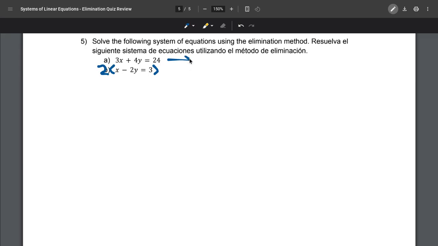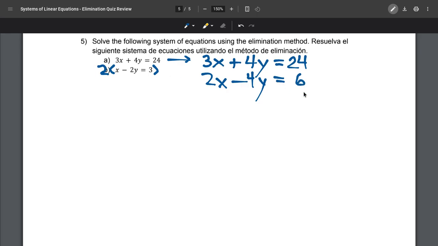Get it? All right, so then we got 3x. The top stays the same, so 3x plus 4y equals 24. The bottom we've got 2x, because 2 times x is 2x, minus 4y equals 2 times 3, which is 6.